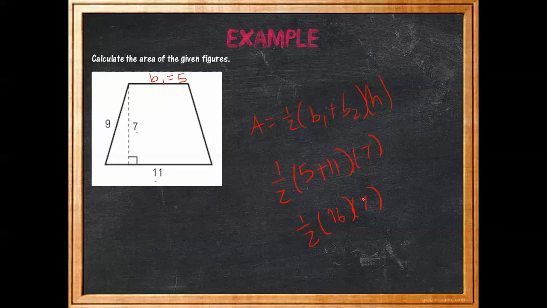Then if we take 16 times 7, that gives us 112. And if we take half of 112, that would give us 56. So again, we couldn't do this one because we didn't have it, but say it was 5, that's how we would go about doing it. And I believe that is the end of finding area of parallelograms and trapezoids.